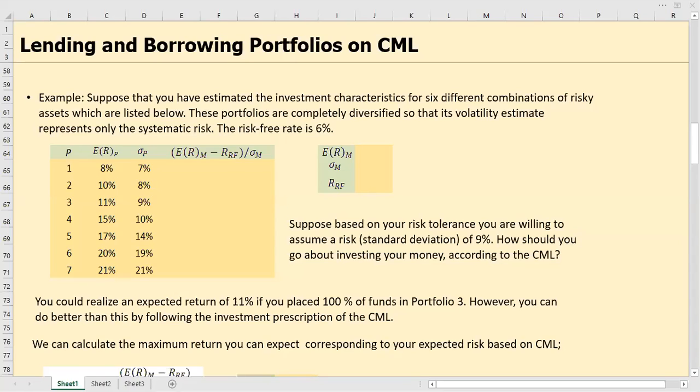I will explain this systematic risk and unsystematic risk at the end of this calculation. For the time being, you just understand that systematic risk is the risk that is available in the market, which we cannot diversify. But the unsystematic risk part, we can always diversify by creating better portfolios.